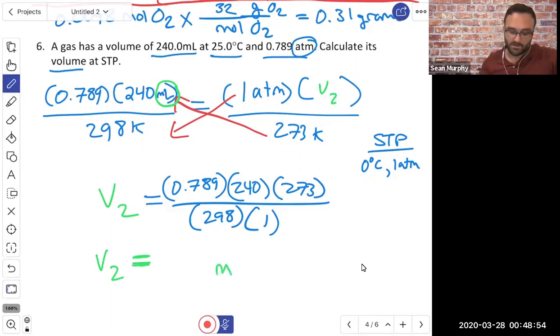Okay, so let's get the calculator out. 0.789 times 240 times 273 divided by 298. 173 milliliters. What happens if I ask for liters?